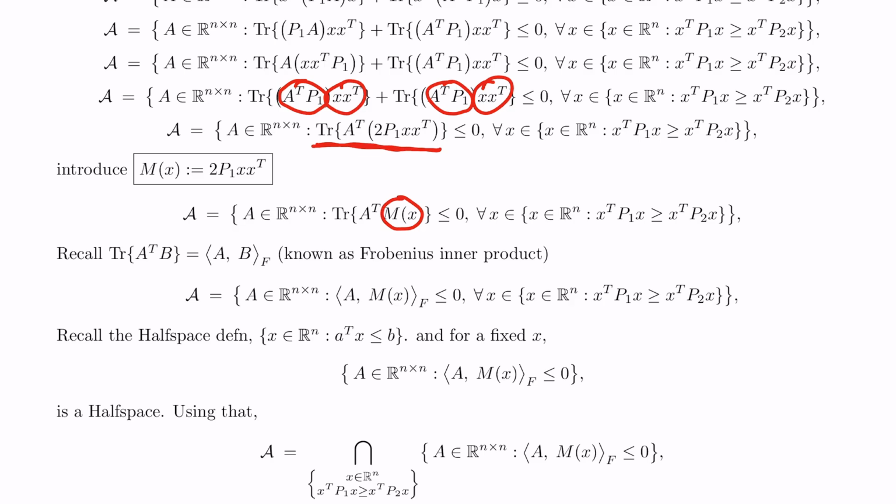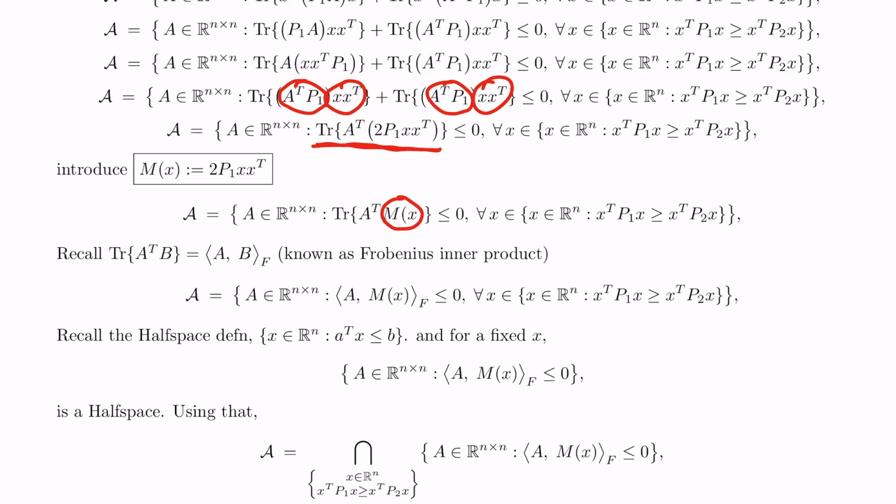It is not important; it's just a simple notation. Trace of A transpose B can be written like this, and you may not see the F term because they generally ignore it, but this is known as the Frobenius inner product. If you go to Wikipedia, this is the term you need to search for. Again, this is a simple notation, nothing more than that.